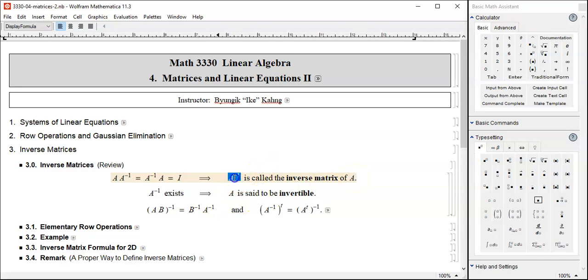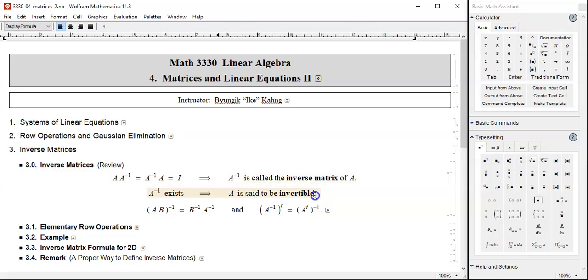A matrix A inverse, yes, we read it, A inverse, not A to the negative first power. This matrix is called the inverse matrix of A if it satisfies these algebraic rules: A A inverse is equal to A inverse A, and that is equal to I, the identity.